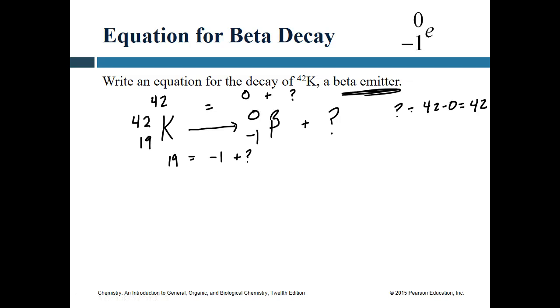We're subtracting a negative number. When we subtract negative numbers, that's the same thing as adding. So if I add 1 to each side, I'm going to get 20 as my atomic number. So my mystery particle has a mass number of 42 and an atomic number of 20. Looking at the periodic table, element number 20 is calcium.